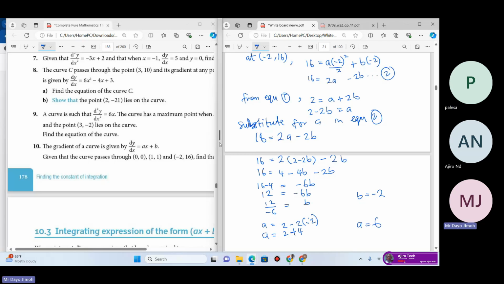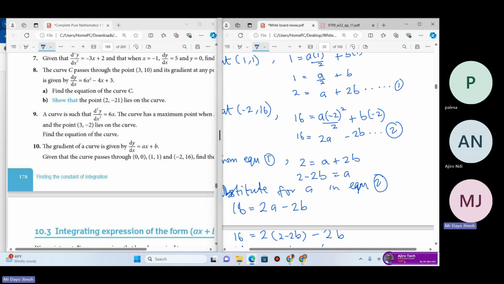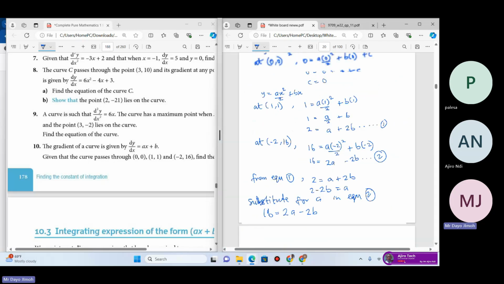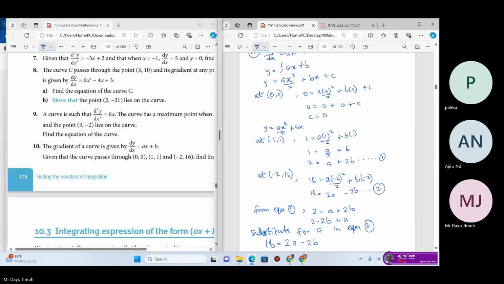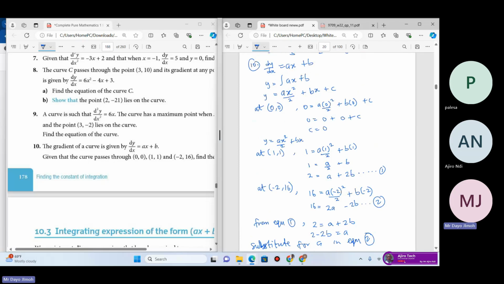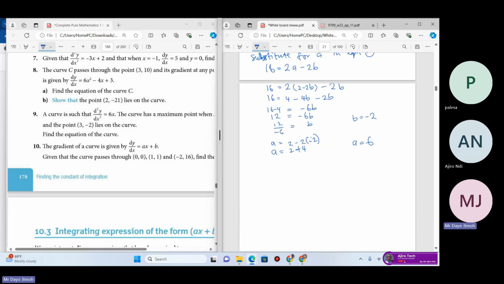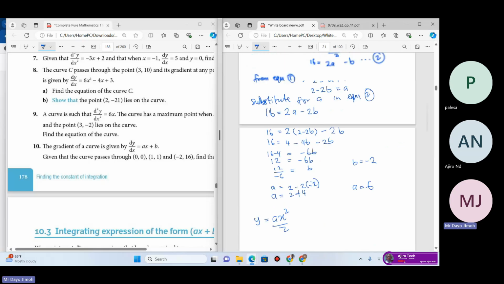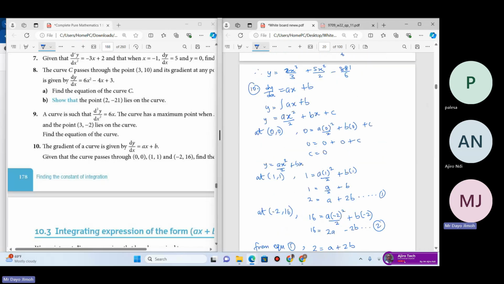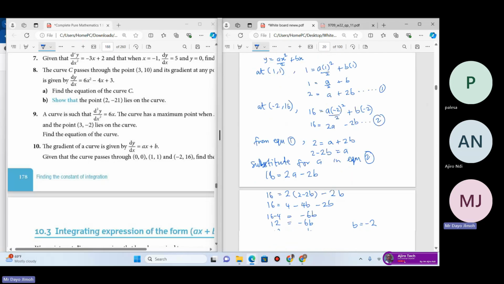Now, therefore, we got our equation to be ax squared plus bx plus c. Now, so y is ax squared over 2, right? Over 2, isn't it? Yes. Good.